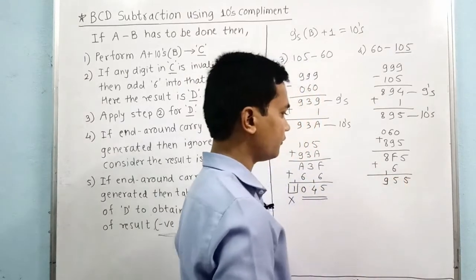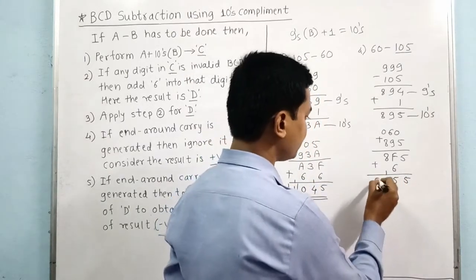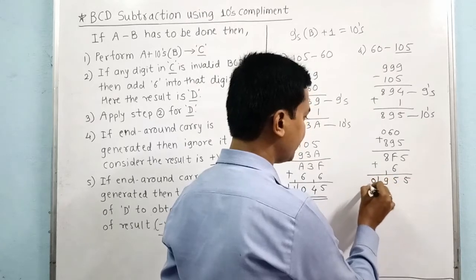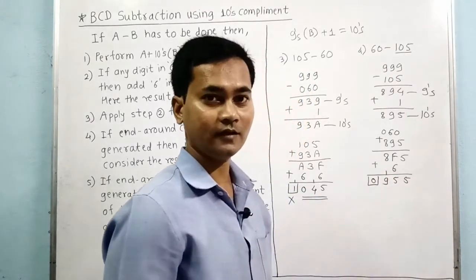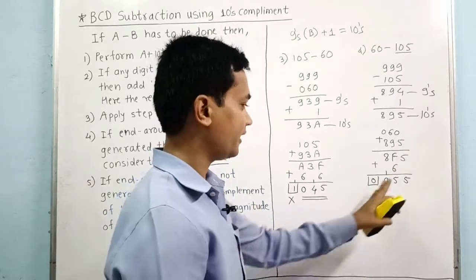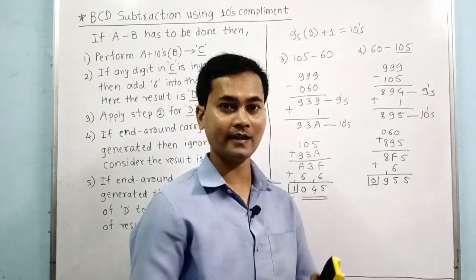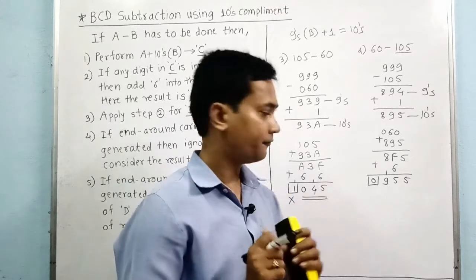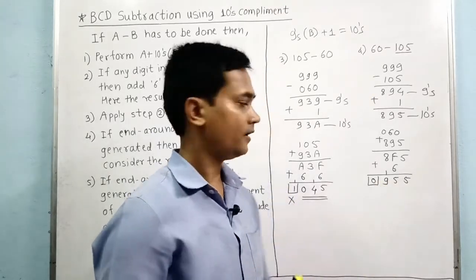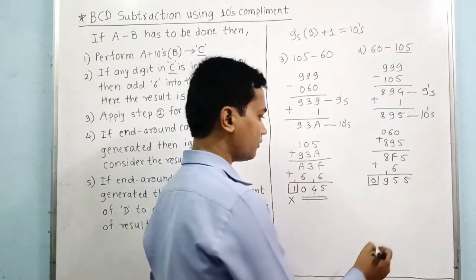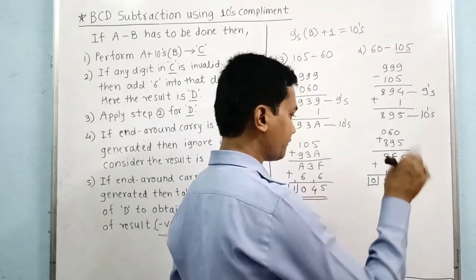Here we have not got any end around carry. So the end around carry is 0. It means the result is negative. So to get the correct magnitude of the result, we have to take the tens complement of 955. Just proceed further to obtain the correct magnitude, but that was the negative.